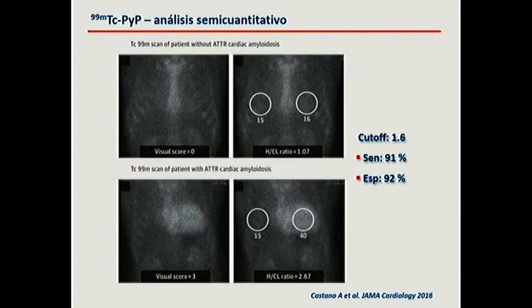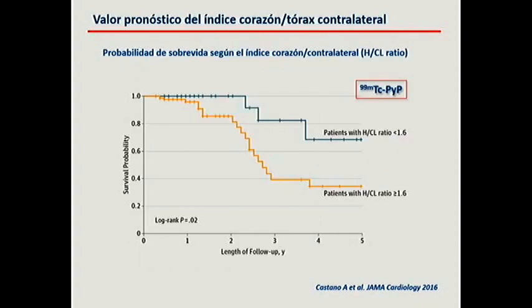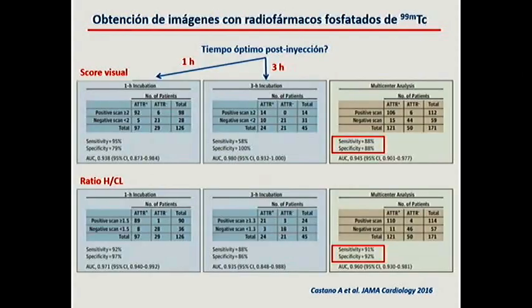He had a 1.6 cutoff in quantification, and he saw that there was a probability of survival that was very different when the uptake relation went above or below 1.6. The prognosis is much worse if the uptake of pyrophosphates is higher.